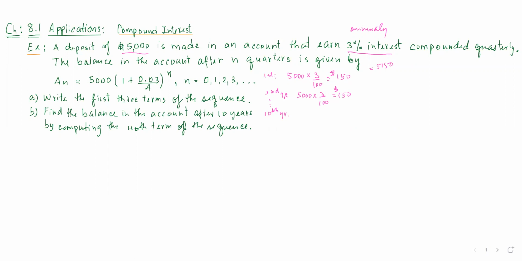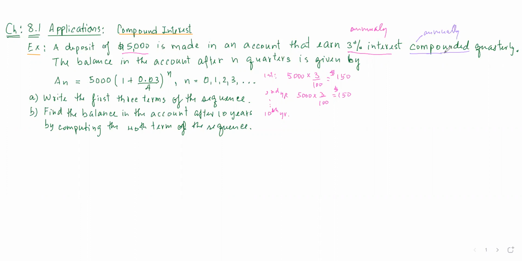But now the difference is for compound interest. For compound interest, the banker will calculate differently. This still talks about annually, compounded annually; quarterly we talk about later.